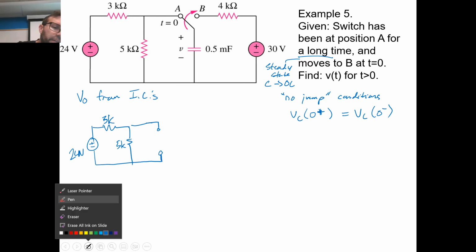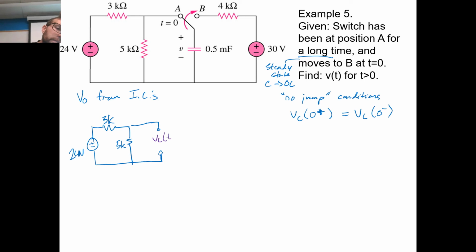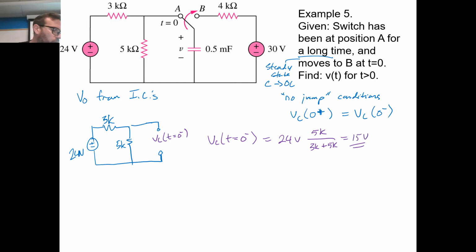That's VC of t equals 0 minus. We're being meticulous with our notation, showing whether it's t equals 0 minus or 0 plus, so we can show the process. By voltage divider, it's 24 volts times 5K over 3K plus 5K. You could leave the K's off, but I'm putting them there so we see where they're coming from. It ends up being 15 volts.